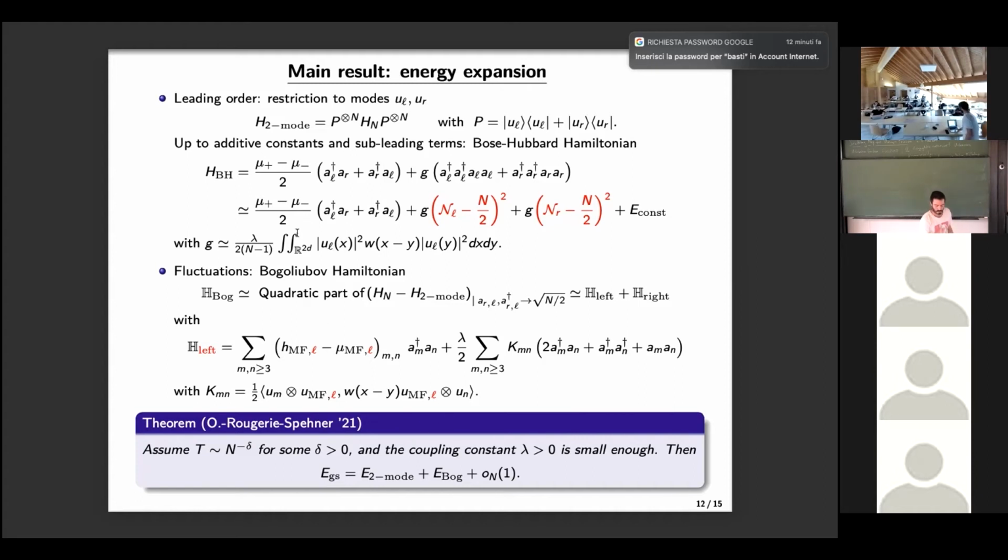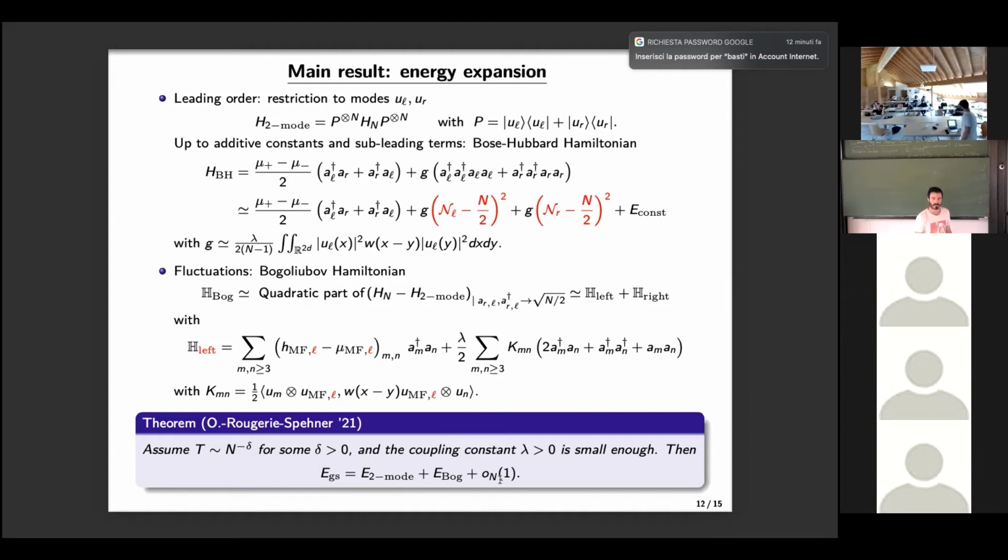And okay, one can consider the lowest eigenvalue of H_2mode and the lowest eigenvalue of the Bogoliubov Hamiltonian. Let's call them E_2mode and E_Bog. And we prove that the ground state energy has this decomposition, okay? Two-mode part plus the Bogoliubov part plus a constant remainder.